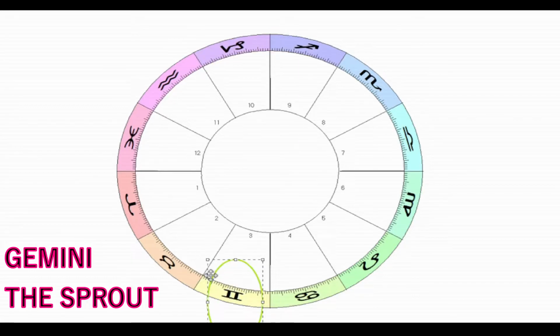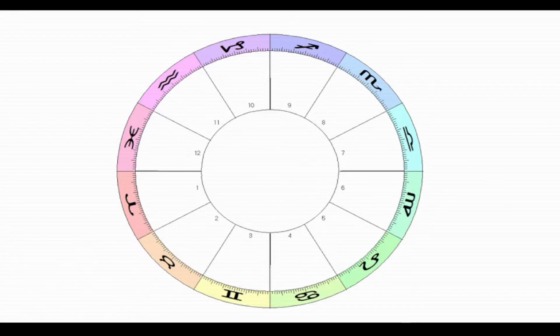So this is where the seed stops being a seed and starts to grow out of its little seed pod shell and poke its little head up above the earth and greet the morning sun and begin to grow itself and explore the world around itself. You can see this in the energy of Gemini because it's a very curious sign, and it's a sign that loves to learn and to explore and to sort of play with its environment.